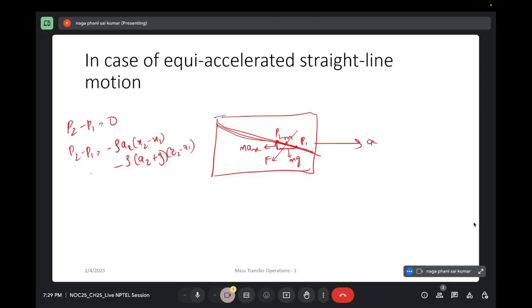If you consider these two equations, 1 and 2, it should be equal to 0. Then if you resolve everything, you will get tan theta equal to (Z2 minus Z1) by (x2 minus x1), that is equal to Ax by g. So this is theta.